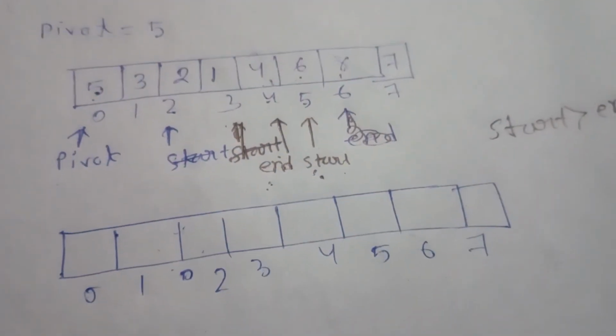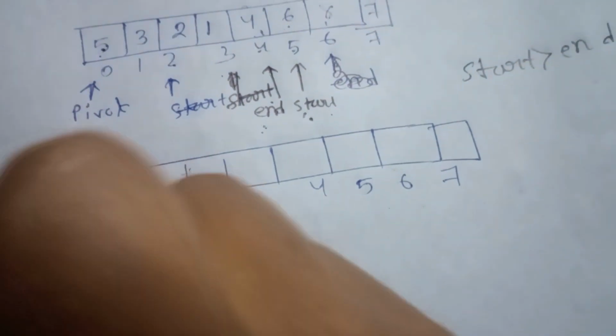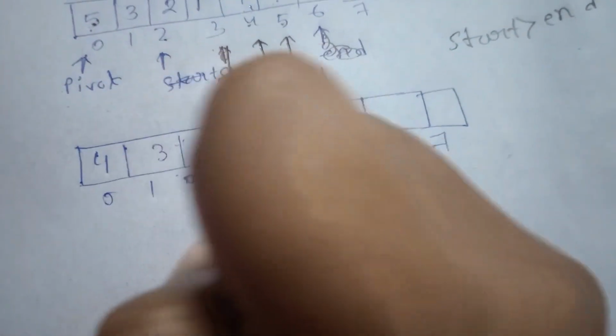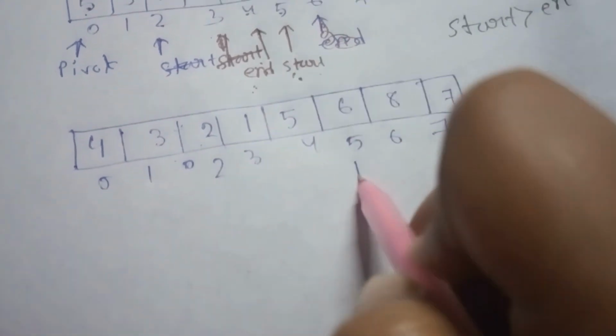Here end is 4 and pivot is 5. Swap. 4 3 2 1 5 6 8 7.